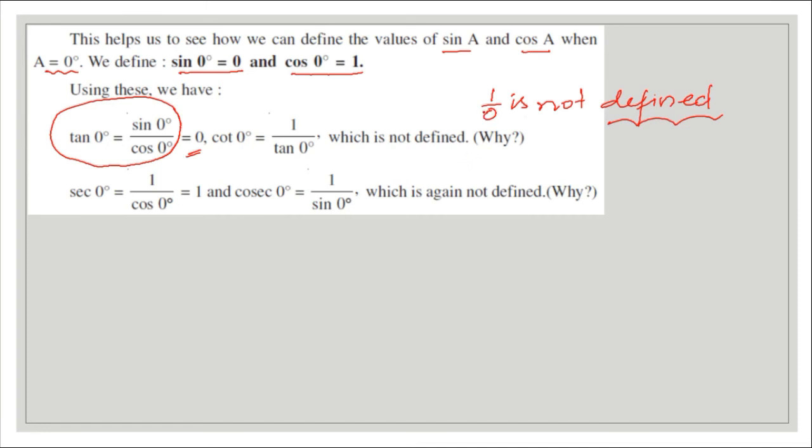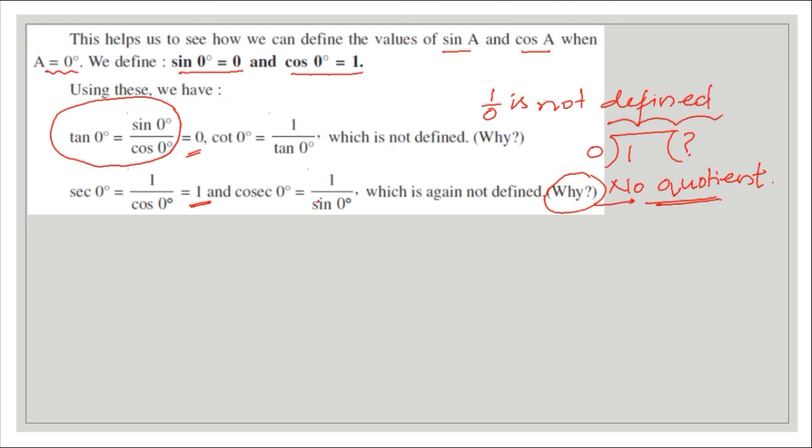If 0 is there, do we get any quotient? We won't get a quotient. So the denominator should never be equal to 0. Secant of an angle is the reciprocal of cos of the angle, which will be 1. Cosecant of the angle is again not defined, for the same reason, no quotient is obtained.